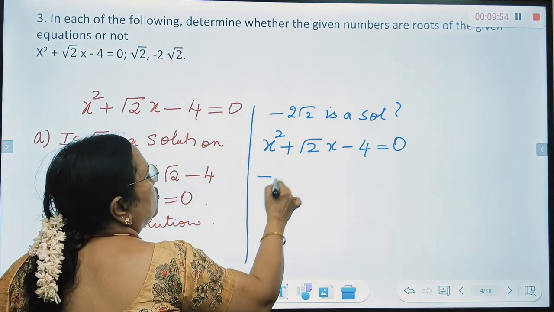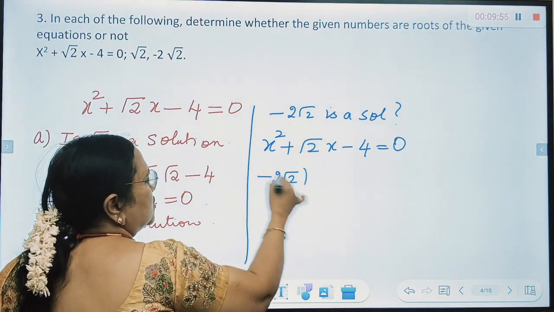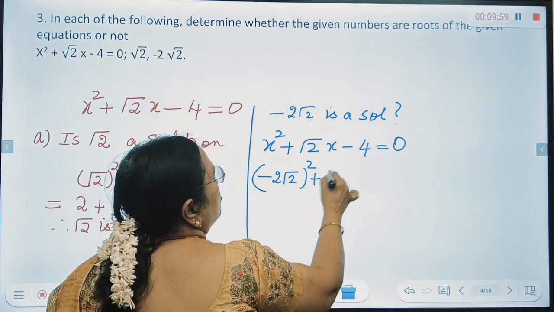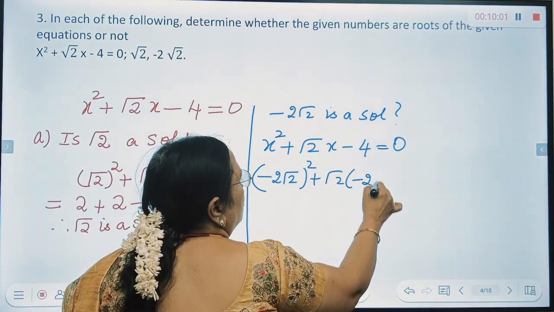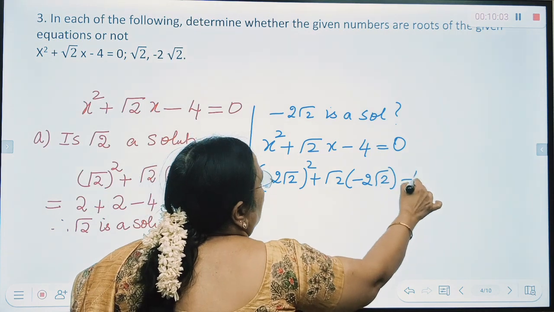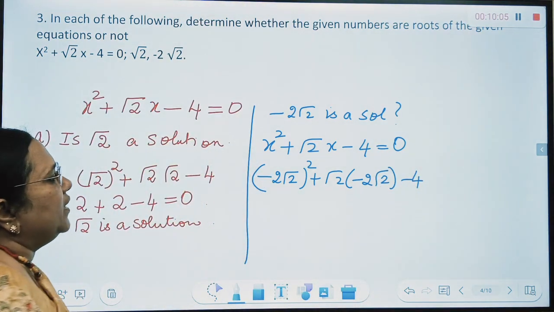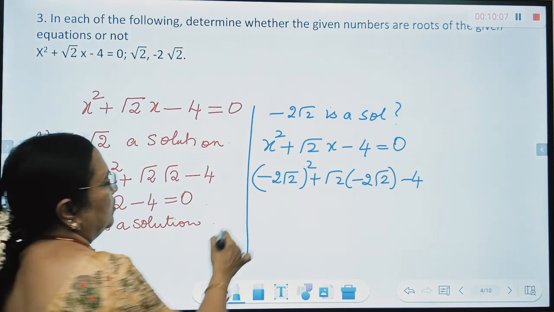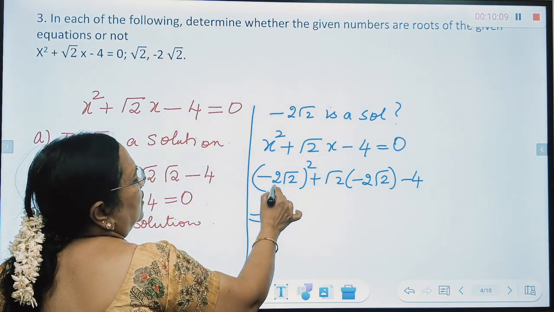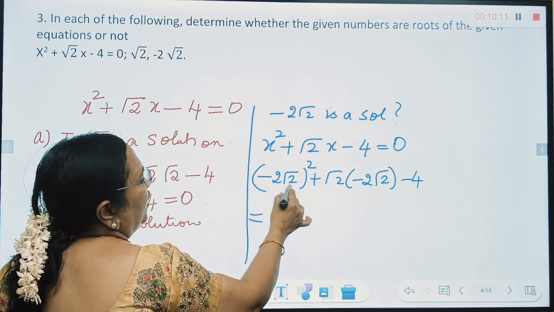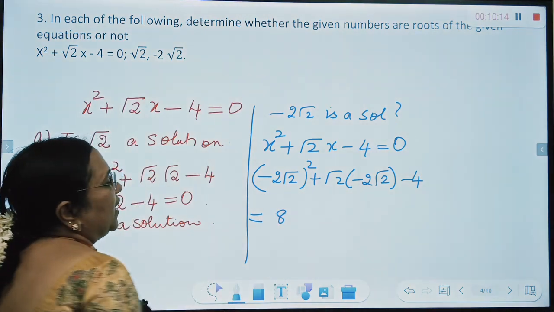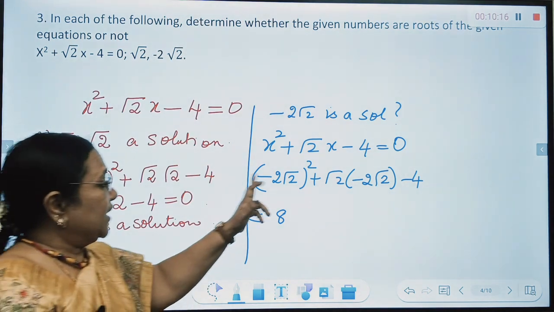So minus 2 root 2 square plus root 2 into minus 2 root 2 minus 4. Okay, is it 0? This is 2 square is 4, 4 into 2, 8. Minus 1 square, it will make it positive.